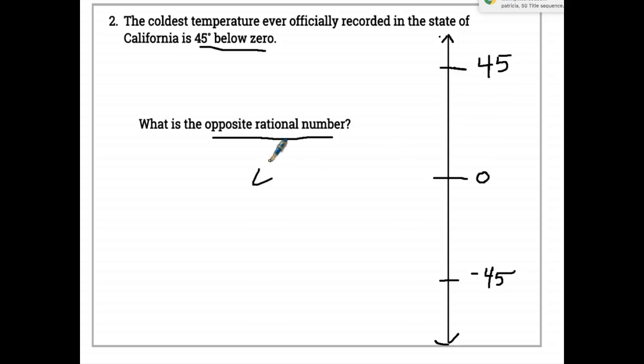So what is the opposite rational number? 45 degrees above 0. Remember, no naked numbers. You have to label what you're talking about. Okay?